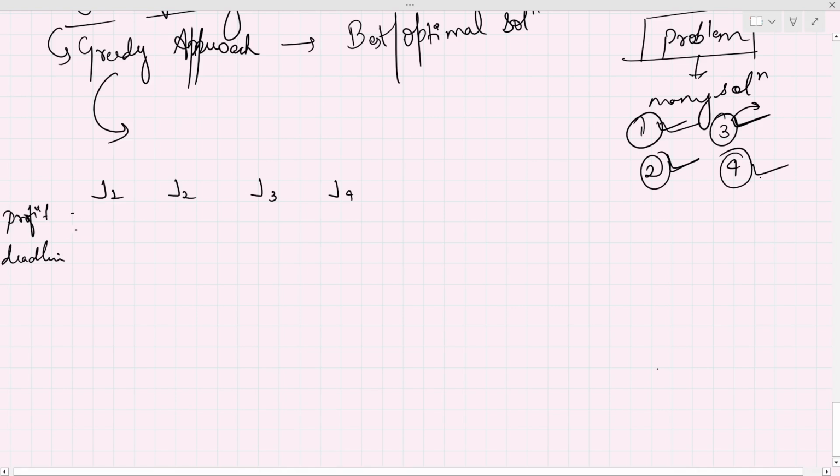Profit means a particular solution gives that amount. You can understand it like this: if we use one solution we get a maximum profit, if we use another solution we get a minimum profit. So in these kinds of questions we have to generate a maximum profit. In the job sequencing problem we have to generate a maximum profit. Remember this.